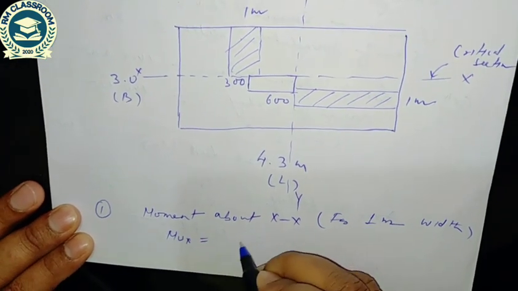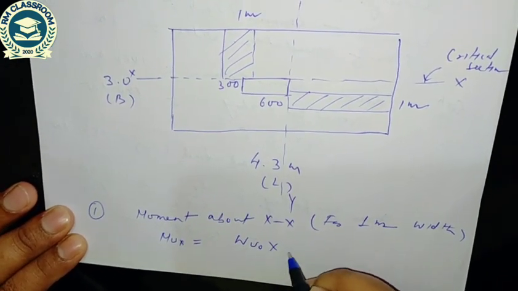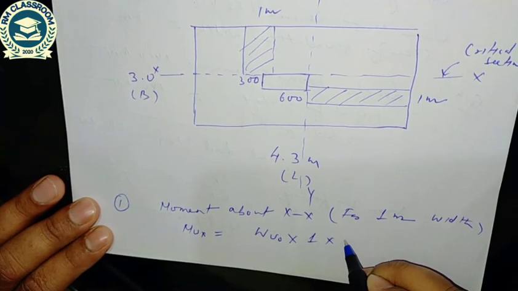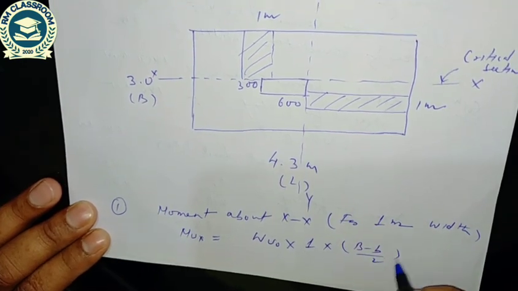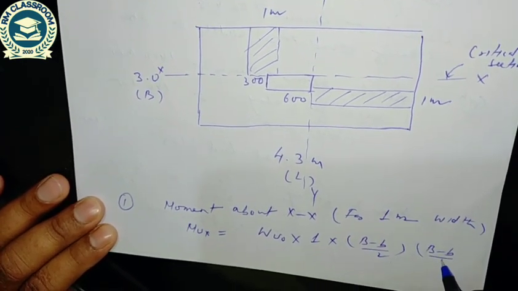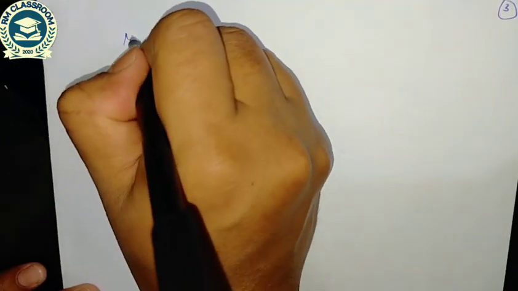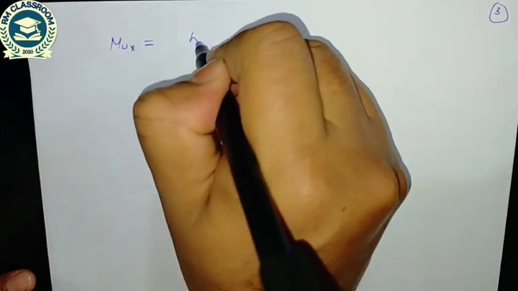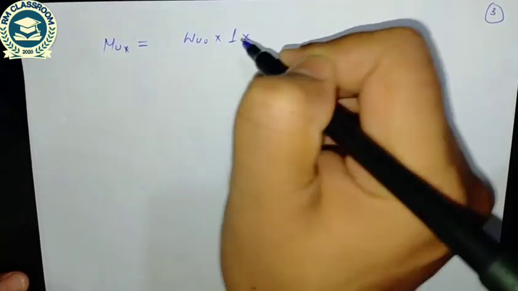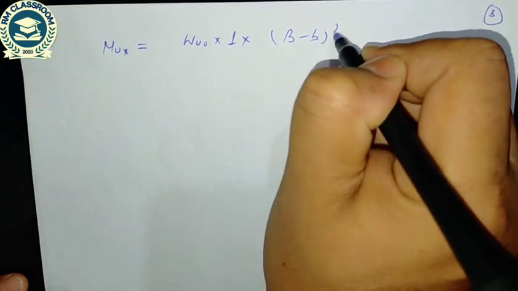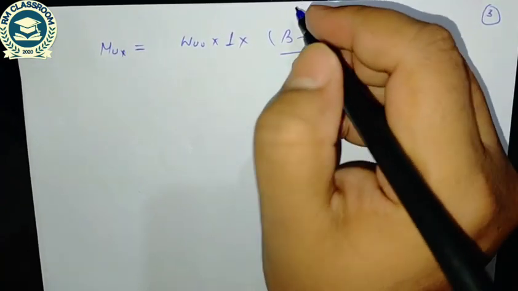MUX is equal to WU naught into 1 into B minus b by 2 into B minus b by 4. So bending moment in X direction, MUX is equal to WU naught into 1 into B minus b whole square divided by 8.